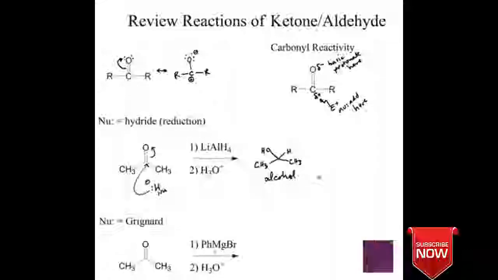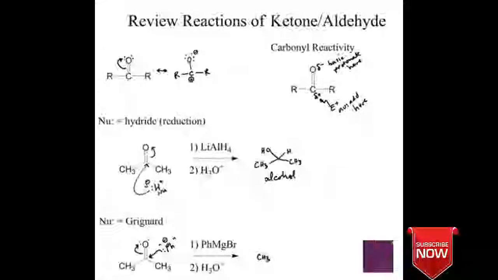A Grignard reaction gives, instead of an H-, a C-. So this phenyl magnesium bromide would give us a source of phenyl-. We could put that in quotes just like we did for hydride. We should put that in quotes because this hydride is always coordinated with the aluminum, and this carbon group is always coordinated with the magnesium, but it reacts just like that kind of nucleophile and again would attack the carbonyl.